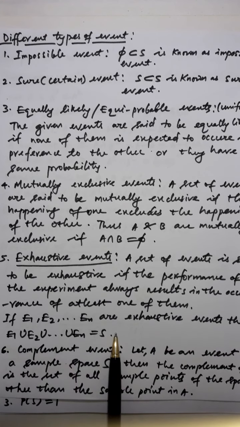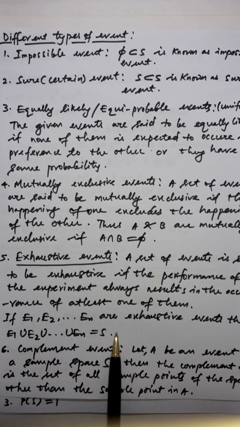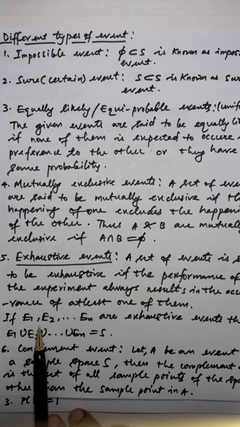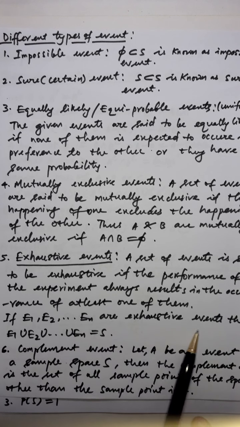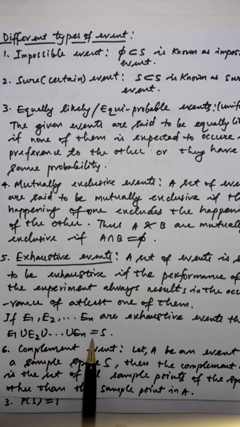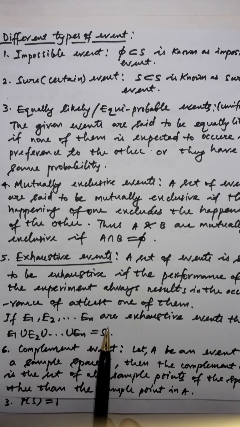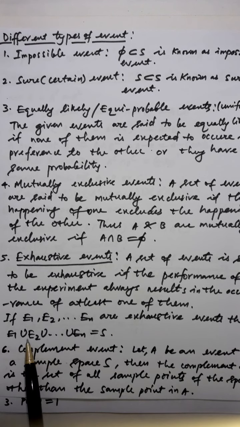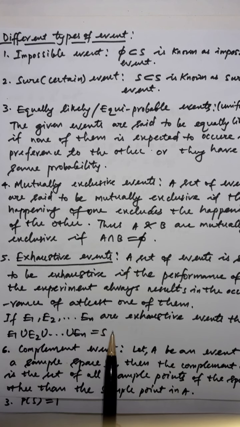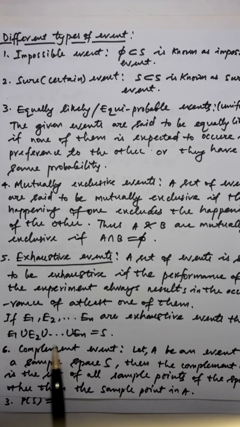It will not happen that you do the random experiment and no event occurs. Mathematically, if E1, E2 up to En are exhaustive events, then their union will result in the total sample space S. If you unite all the events, they will form the sample space S, and then they are called exhaustive events.